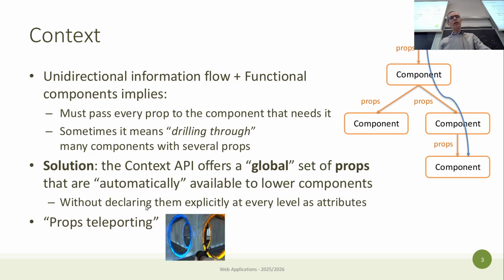You don't have to declare them explicitly at every level as attributes. Okay? We will see there is just a statement to do. There is a hook, useContext, and you get a reference to all the props contained in the context. So very simple to use. It's sort of props teleporting, so it's like transporting immediately from one place to another regardless of the position.